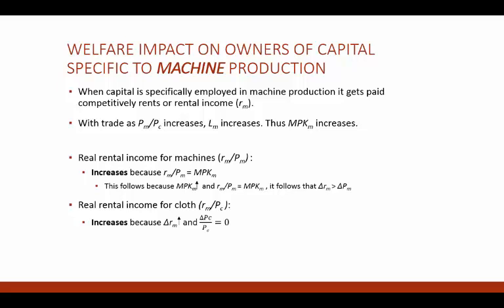Also, the real rental income for cloth, RM over PC, increases because cloth prices have not changed, but the return to capital employed in machine production, RM, has increased. This means that owners of capital employed in the machine industry unambiguously are better off regardless of what they spend their incomes on.